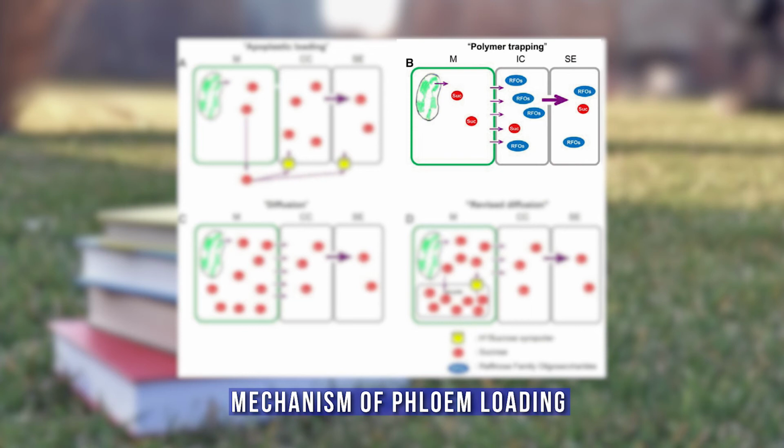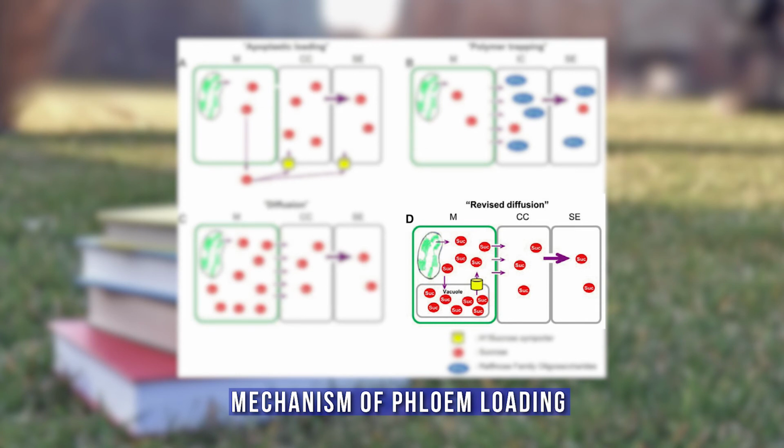But in symplastic polymer trapping, the sucrose is mobilized symplastically from mesophyll to the surrounding cells. And in case of symplastic passive loading or diffusion, it is just without any energy, sucrose is translocated. And in revised symplastic passive loading, there will be specific vacuolar transport of sucrose, and it specifically occurs in rice.